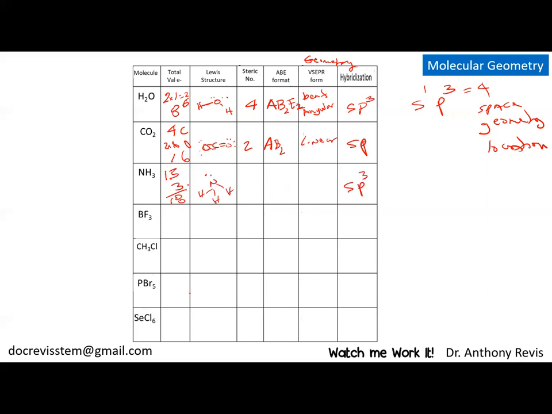So its base geometry would be tetrahedral. However, because these electrons are pushing these hydrogens down, this is called trigonal, meaning 3 groups, pyramidal. So trigonal, I'll write out here.